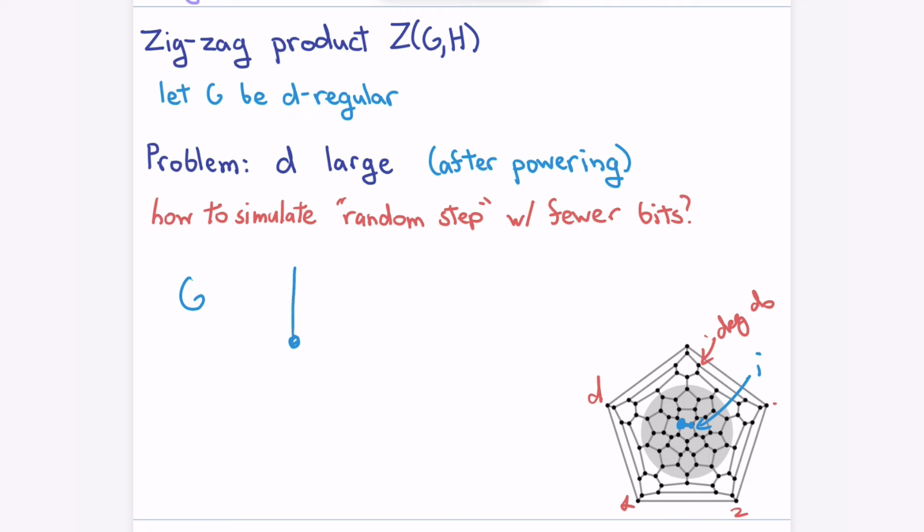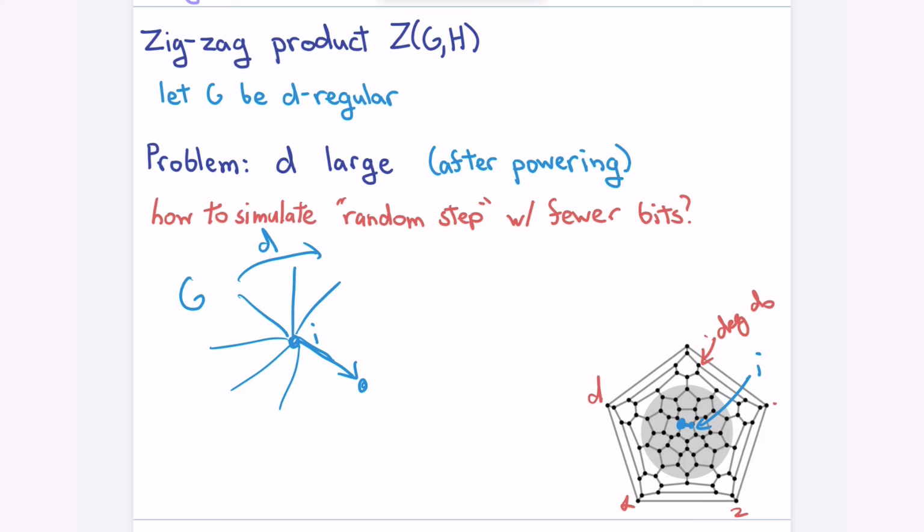And so out of the D many neighbors, there's D of these neighbors. You're going to pick the ith one and go there. Okay? So you take a random step in your auxiliary graph, truly random, but you're only making one of three choices in this picture and one out of a constant in general. Okay? That gives you some index out of D, like 10, and then you're going to choose the 10th neighbor in G.